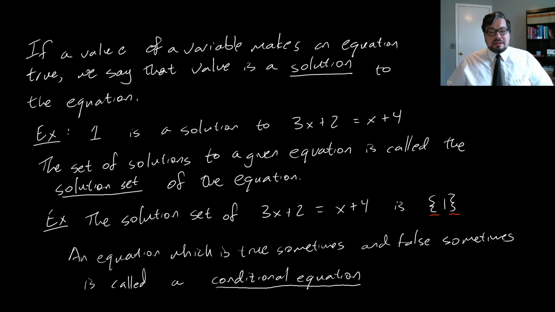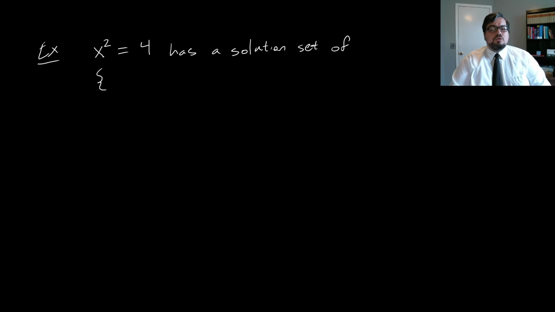So let's look at a couple more examples, and we'll have a couple more pieces of terminology to look at. Let's consider the equation x squared equals 4. And let's consider what its solution set might be. So we want to think of all the numbers that we could put in for the x and make this equation true.